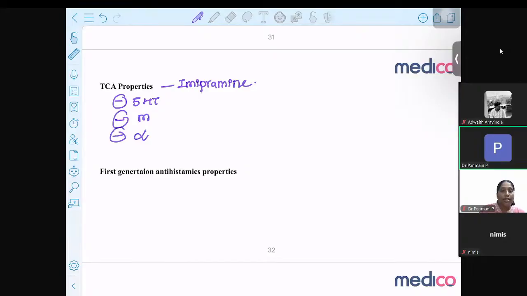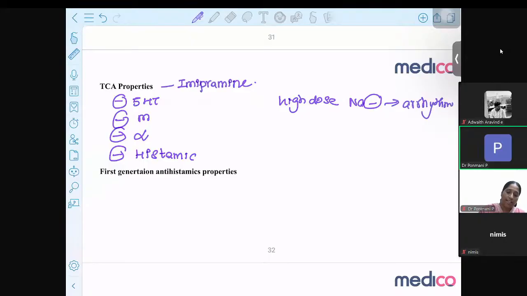Yesterday we saw it inhibits the alpha receptors. It also inhibits the histaminic receptors. And in high doses, it inhibits the sodium channel also, which is the reason for arrhythmia. And this is why TCA is not preferred, because it blocks all this. There are going to be more side effects.